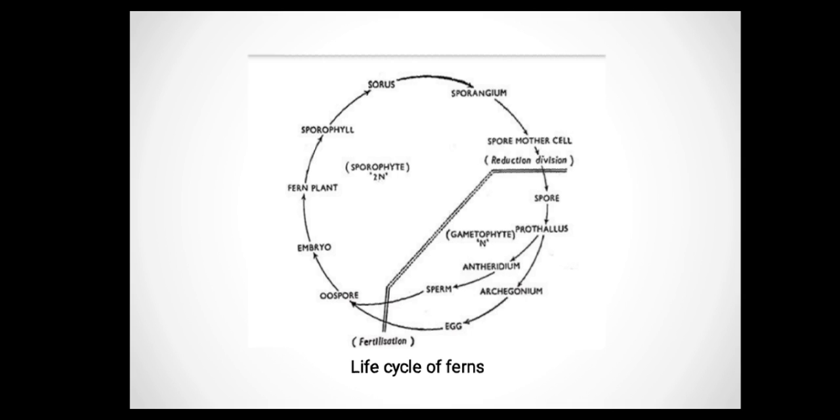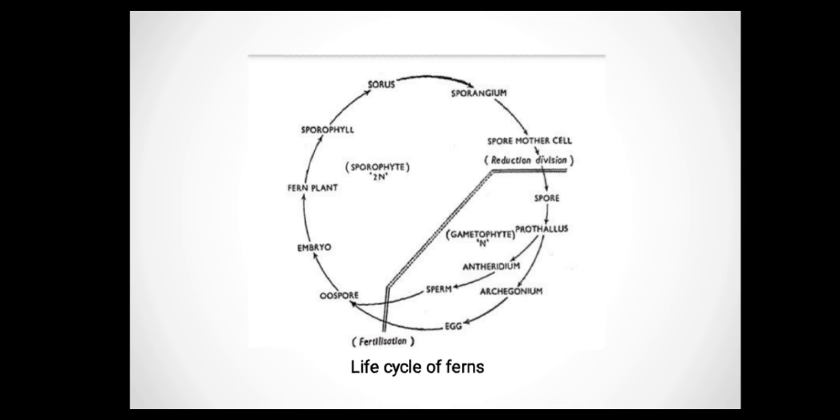The prothallus is the gametophytic generation. It produces two types of organs, antheridium and archegonium. The antheridium represents the male and the archegonium represents the female. The antheridium produces sperms and the archegonium produces eggs. Fertilization takes place, followed by oospore formation and then embryo formation.